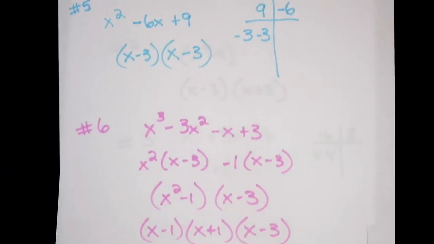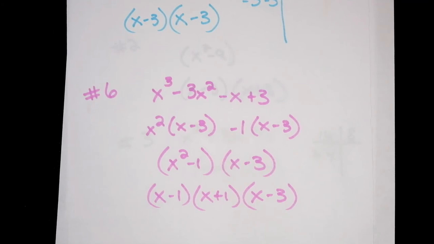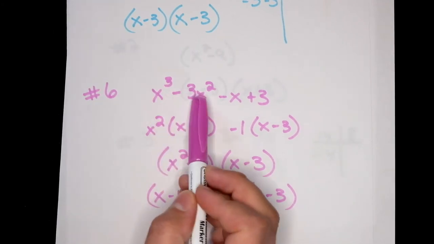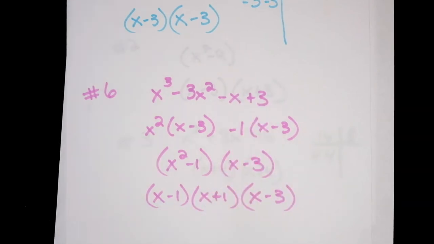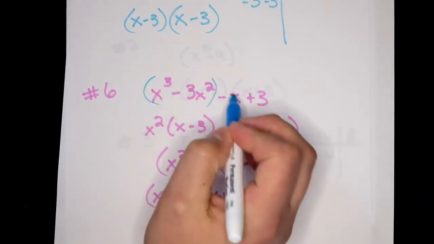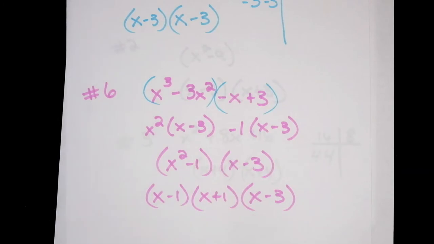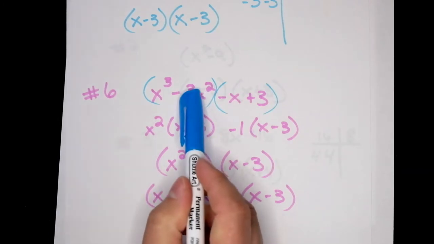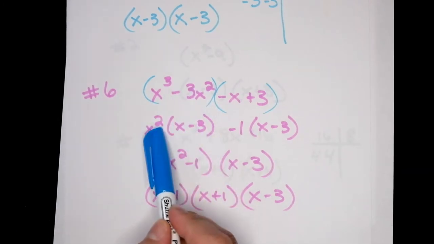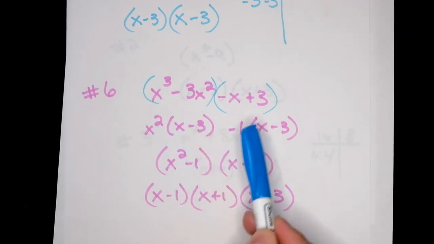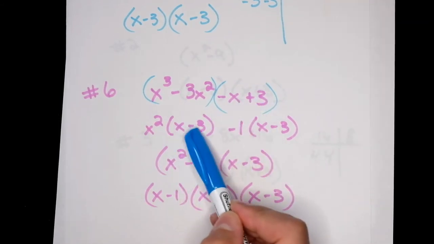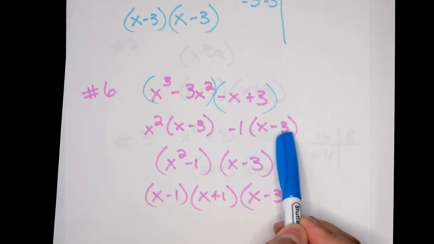And for number 6 right here, this is one that we don't really factor that often. So just to walk you through that, I grouped these two right here together. It's like I wrapped the first 2 in parentheses and wrapped the last 2 in parentheses. And from there, I factored out what's in common, the x squared here. I got x minus 3 in the middle. To make this look like this right here, I factored out a negative 1.